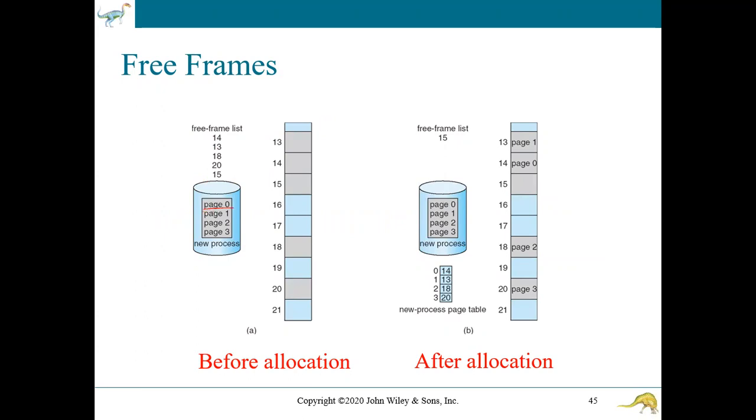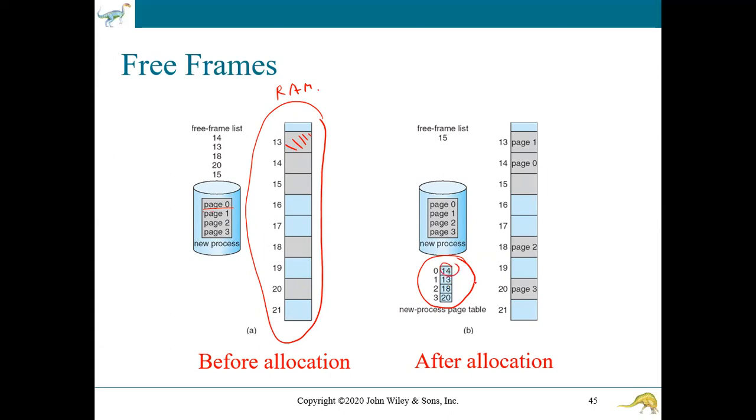Before you allocate, this is the RAM, okay? That's the RAM. After you allocate, you have taken this one. This is a page table. Do you agree with me? So if you want to load, you have to allocate them to pages, frames. Which frame was allocated?